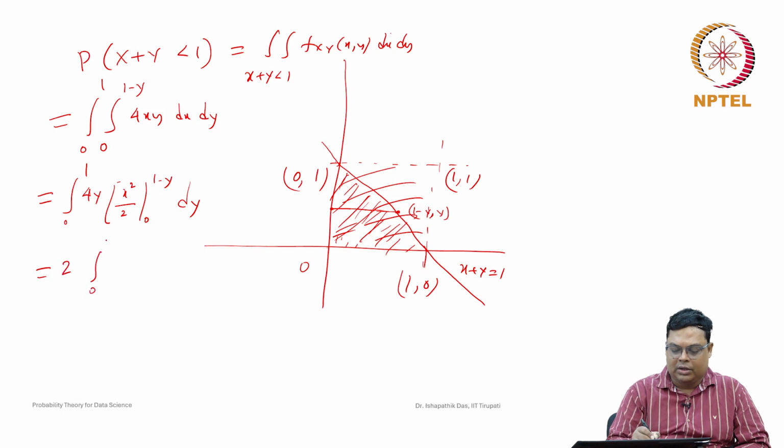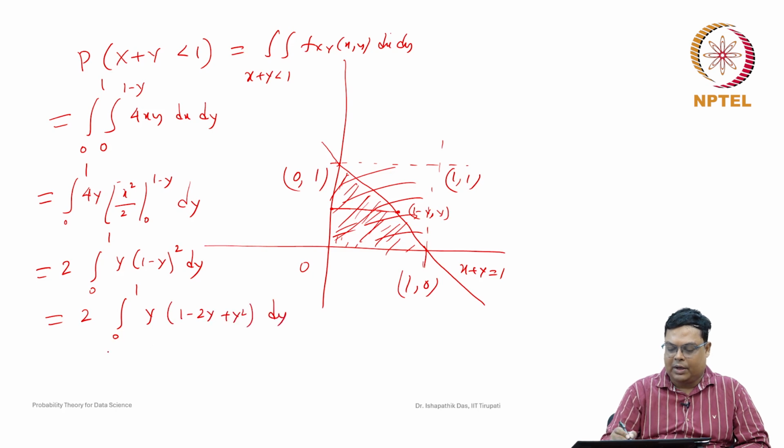So 2 times the integral from 0 to 1 of y times x square, that is, 1 minus y whole square, minus 0, dy. So this is the integral from 0 to 1 of y times 1 minus y whole square, which is 1 minus 2y plus y square, dy. Finally we get 2 times the integral from 0 to 1 of y minus 2y square plus y cube, dy.